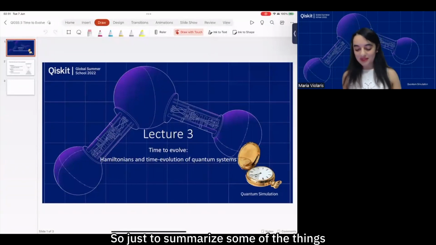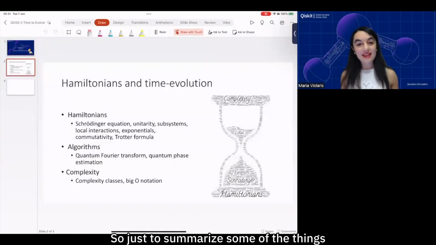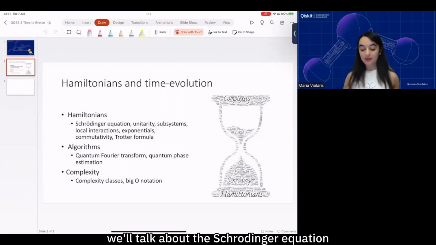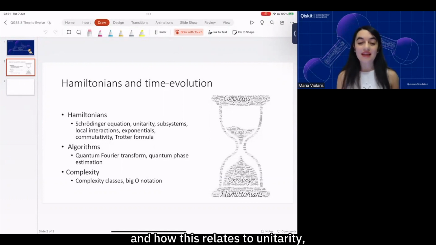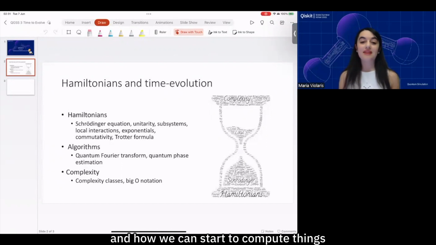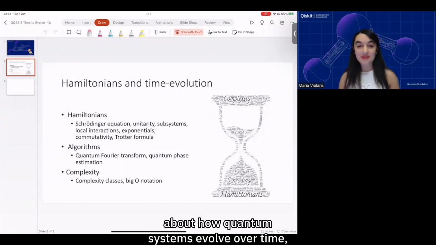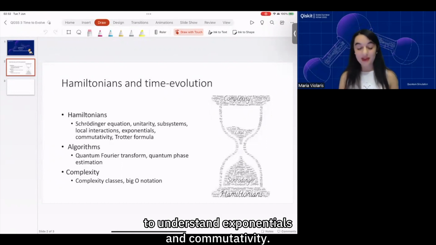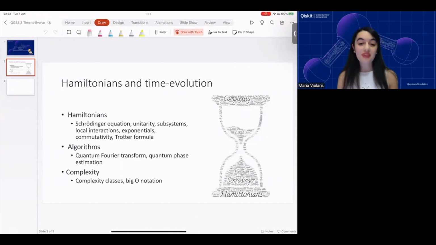So just to summarize some of the things that we'll be going through today, we'll talk about the Schrödinger equation and how this relates to unitarity and understanding how subsystems evolve over time, and how we can start to compute things about how quantum systems evolve over time, for which we'll need to understand exponentials and commutativity.